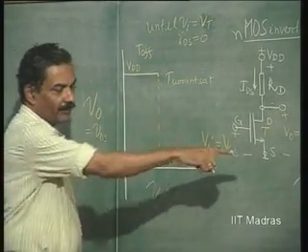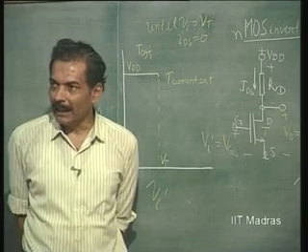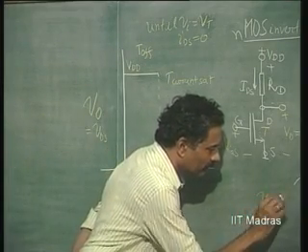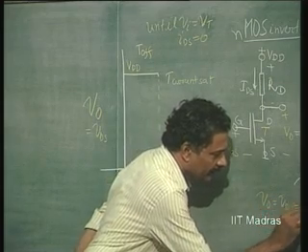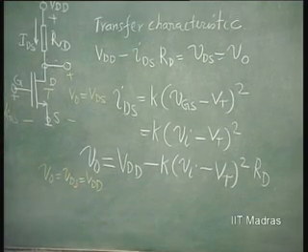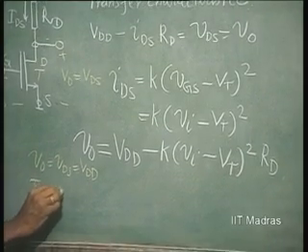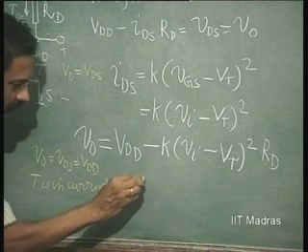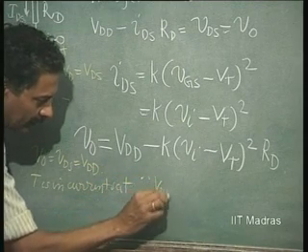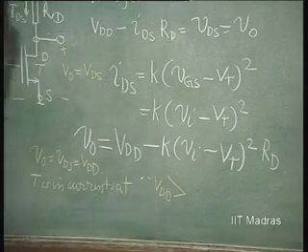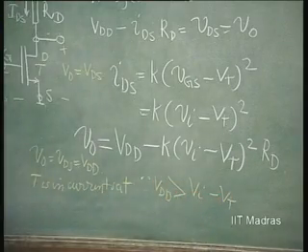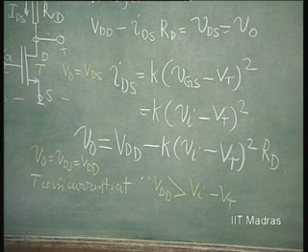That means the equation that I have used is straight away valid. Why? Because V0 is equal to VDS is equal to VDD, and therefore T is in current saturation region, because VDD is greater than Vi minus Vt. That is the assumption.